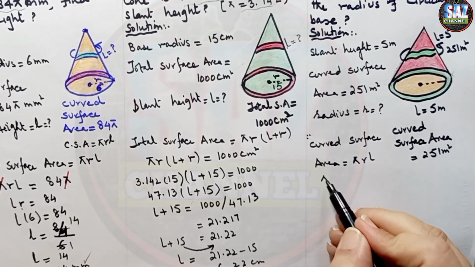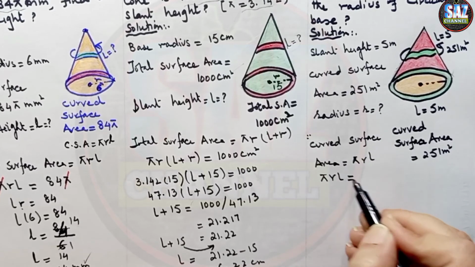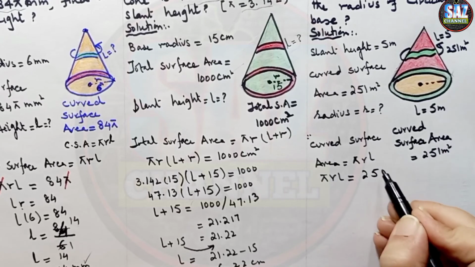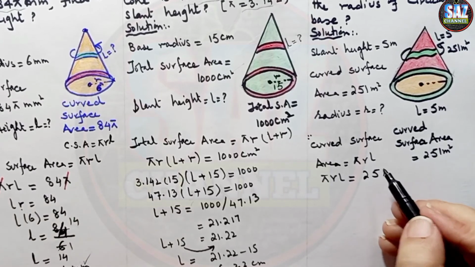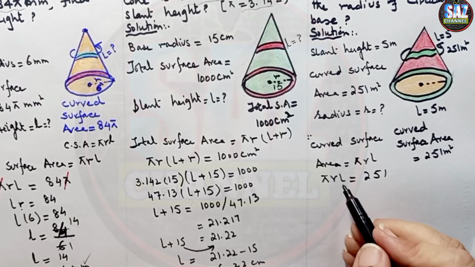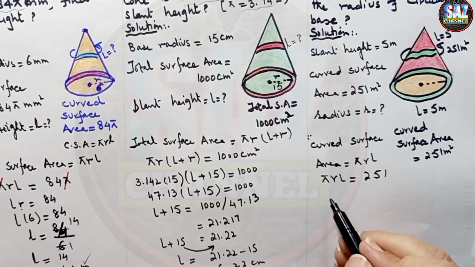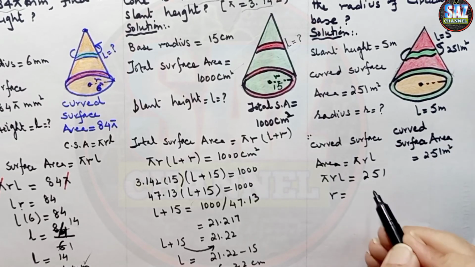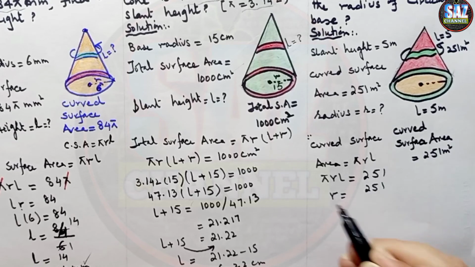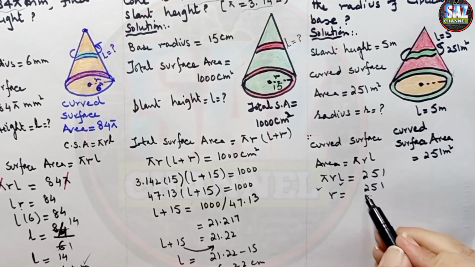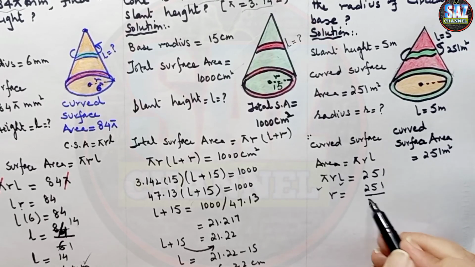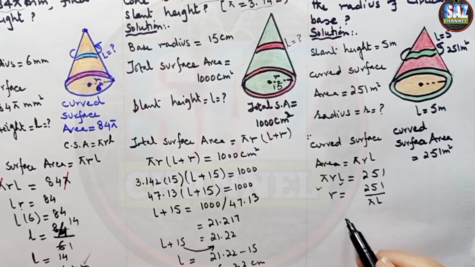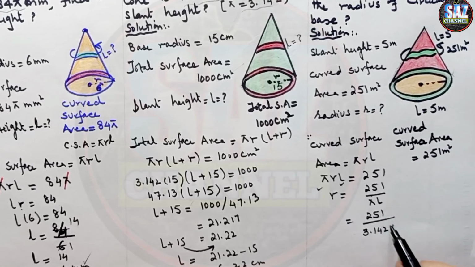So we have to equate this to 251. There is no restriction for pi here. We have to find the radius, so I have to shift pi and L to the other side. Now 251 over 3.142 multiplied by the slant height, which is 5.